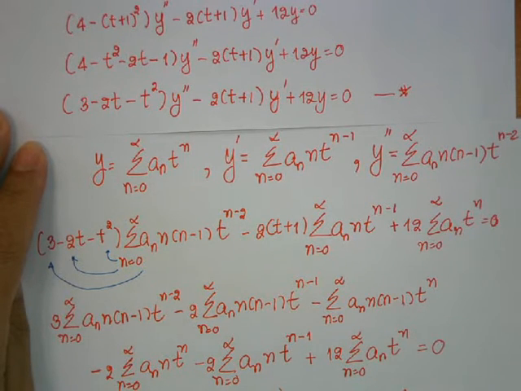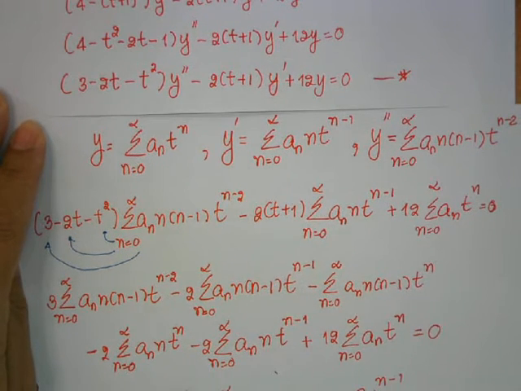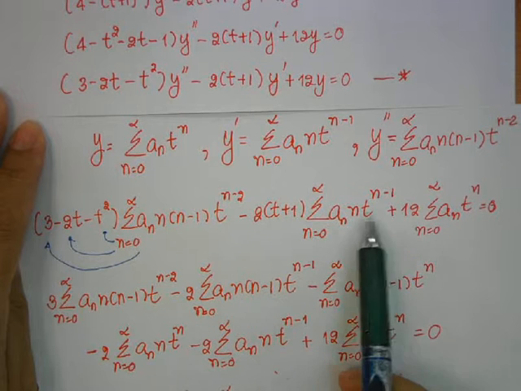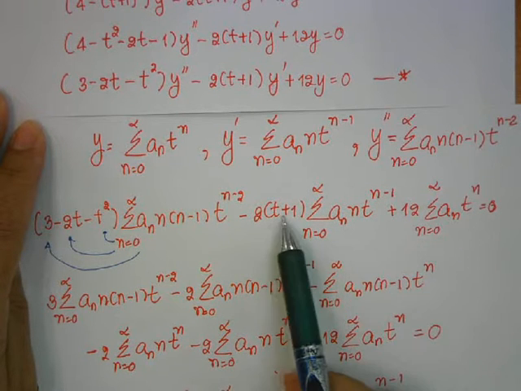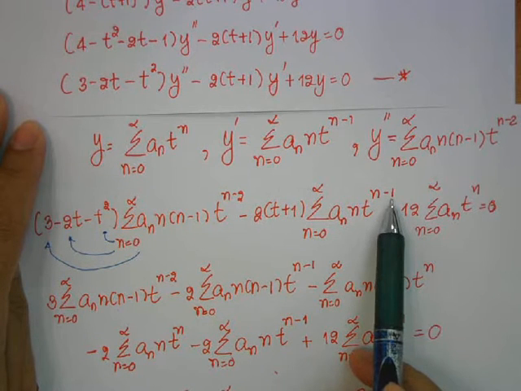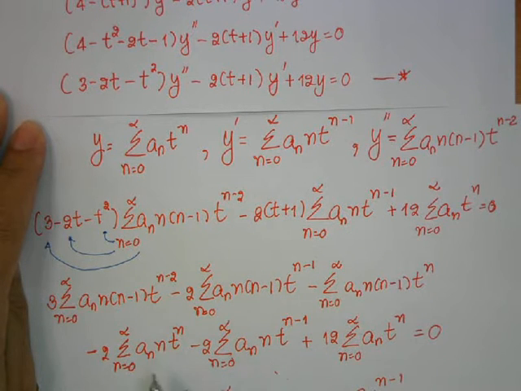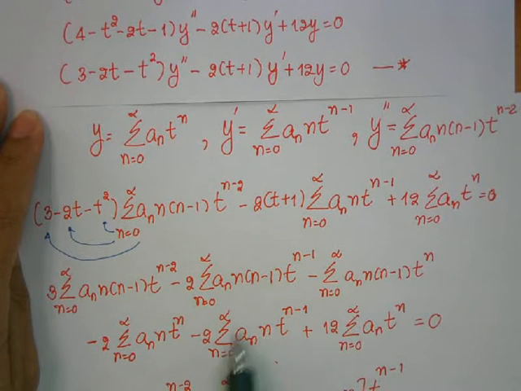Now for my second term, I distribute the t and put it with this one. I have t here and t to the power of n minus 1 there, so I would get t to the power n. But this term, I still get t to the power of n minus 1. And the last term, I would get 12 times the summation of a_n t to the power n.